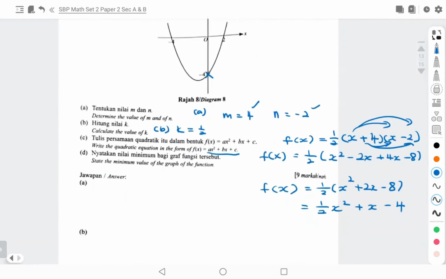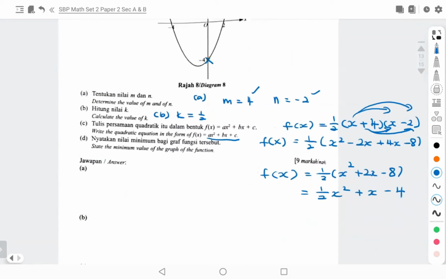So you see f(x) = 1/2 x squared + x - 4. You just need to expand it, multiply it. That's for C.